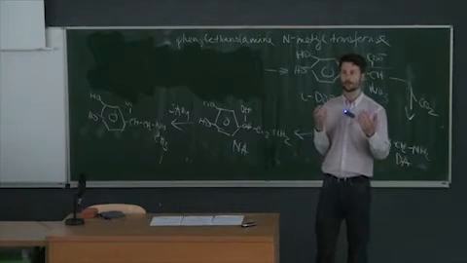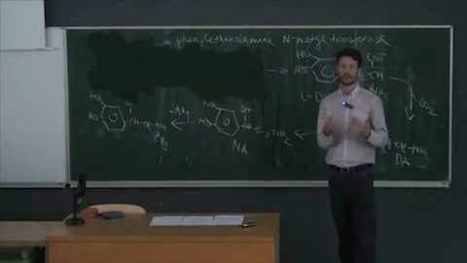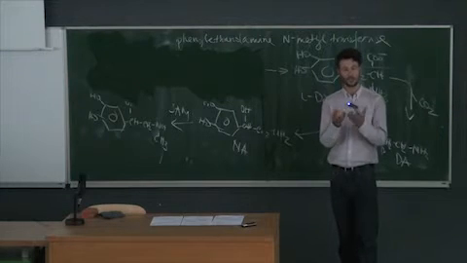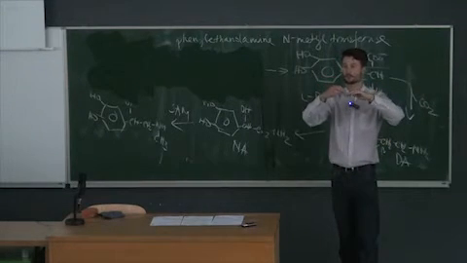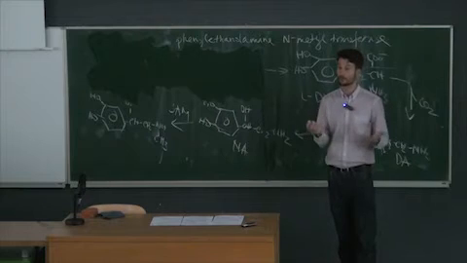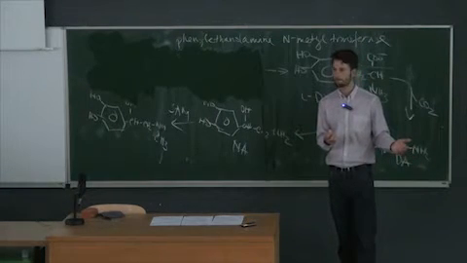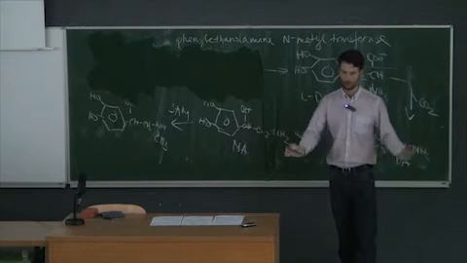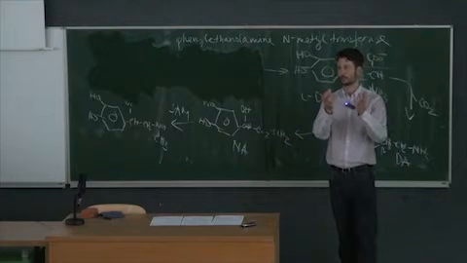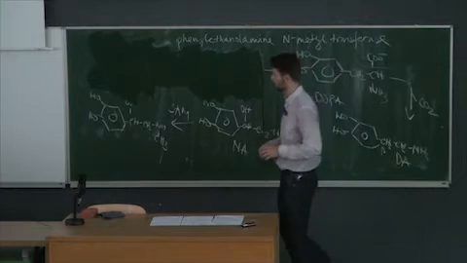So we remove catecholamines from the synapse by reuptake. They are usually recycled for further neurotransmission. So that's how we terminate the signal. We suck them back into the presynaptic neuron, and we end the transmission.